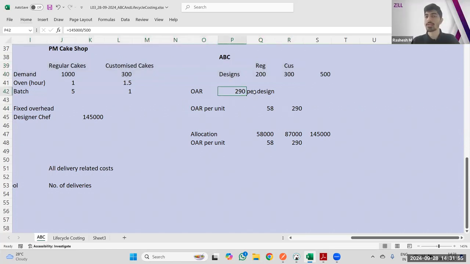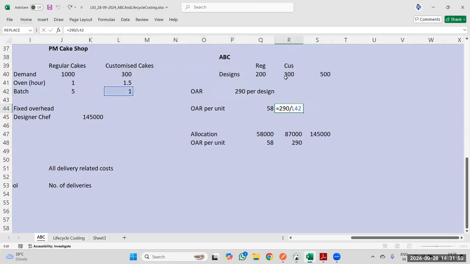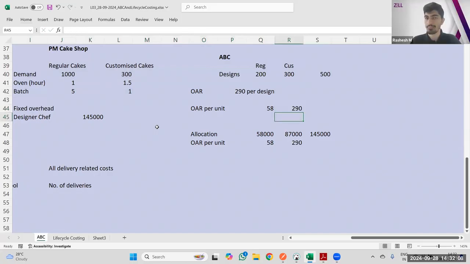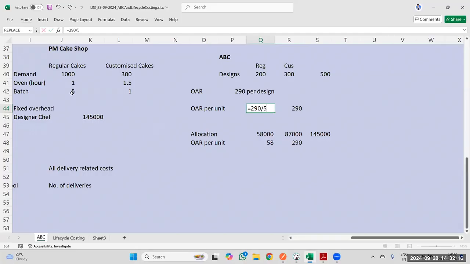So it costs me 290 rupees per design, right? Yes, sir. So in this 290 per custom design, how many designs am I making? One design. So that full 290 goes to that one design. Whereas each time I design a batch of regular cakes, how many cakes get designed? 5.